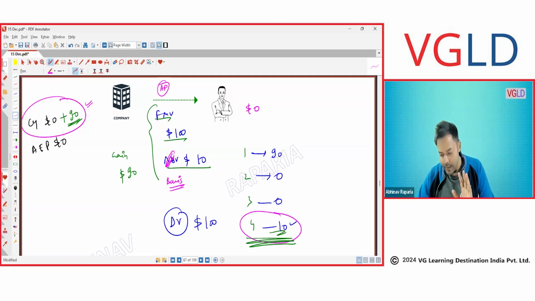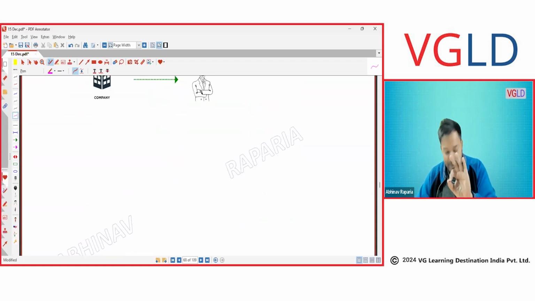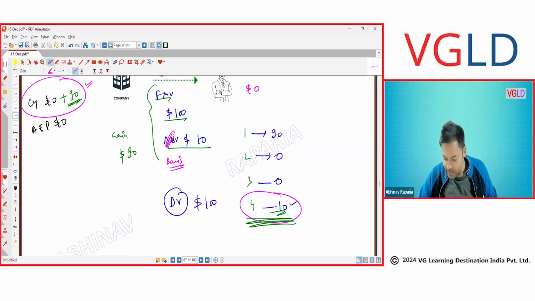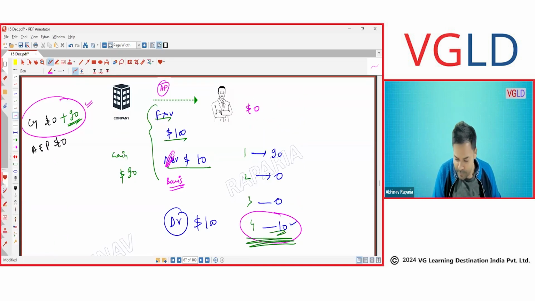Till now, I have done with you 3 bases, guys. You will get confused in the basis, so let me clarify that. This basis of 10, which I have written here, and this basis of 0, are they the same?